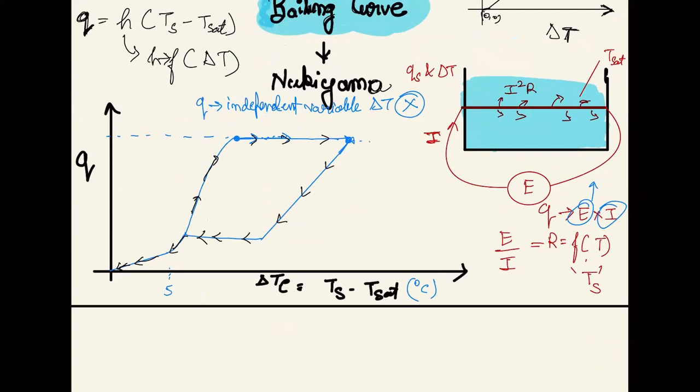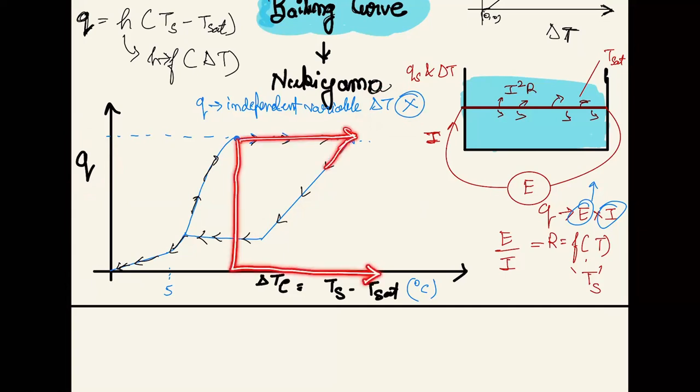So in this region, what Nukiyama observed was a hysteresis. And he said this hysteresis is being observed because I was having Q as the independent variable and not delta T as the independent variable. So I could not capture any delta T ahead of this while heating.